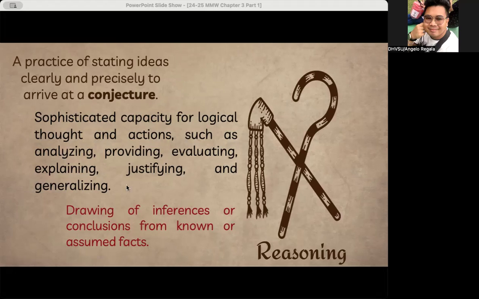Kaya nga ang sabi dyan is your drawing of inferences or conclusions from known or assumed information. In short, kapag nagre-reason out, hindi tayo marites. Hindi tayo kung ano lang yung nakita natin, yun na yun. So we try to investigate. We try to understand. Okay?